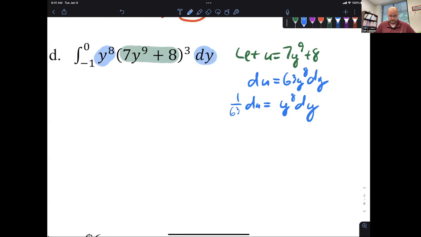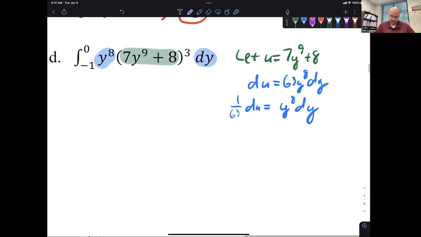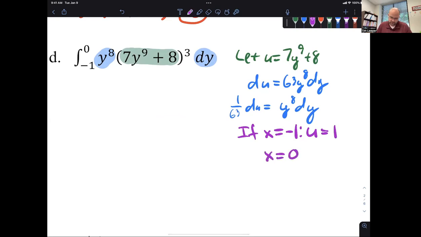Good. So now the only thing left is to find the new limits of integration. So if y equals -1, then u equals what? Well, 7 times -1 to the 9th power is -7, plus 8 is 1. And if y equals 0, then u equals 7 times 0 to the 9th is 0, plus 8 is 8.